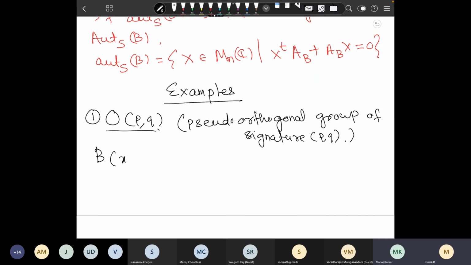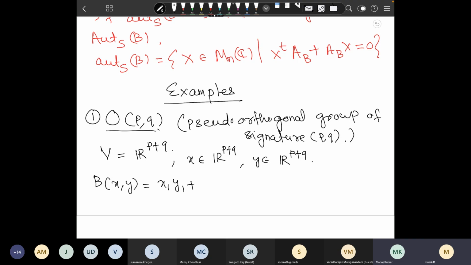This is a vector space: V is equal to R^(p+q). Take x belonging to R^(p+q) and y belonging to R^(p+q). Then B of (x, y) is x1 y1 plus x2 y2 plus ... plus xp yp minus x_(p+1) y_(p+1), and so on, minus x_(p+q) y_(p+q).